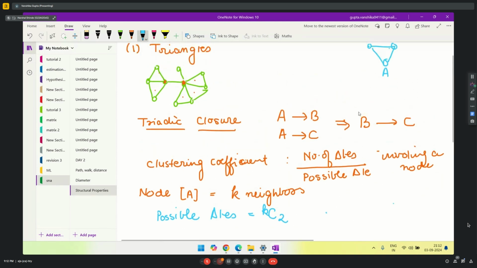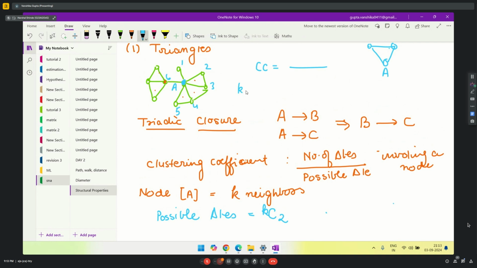Now let's try calculating it. For example, let's say this is our A node. This particular blue dot is our A node. Now if I want to calculate the clustering coefficient of this A, how can I calculate? First of all, I'll count how many neighbors it has. So it has 1, 2, 3, 4, 5, and 6. 6 neighbors are there.